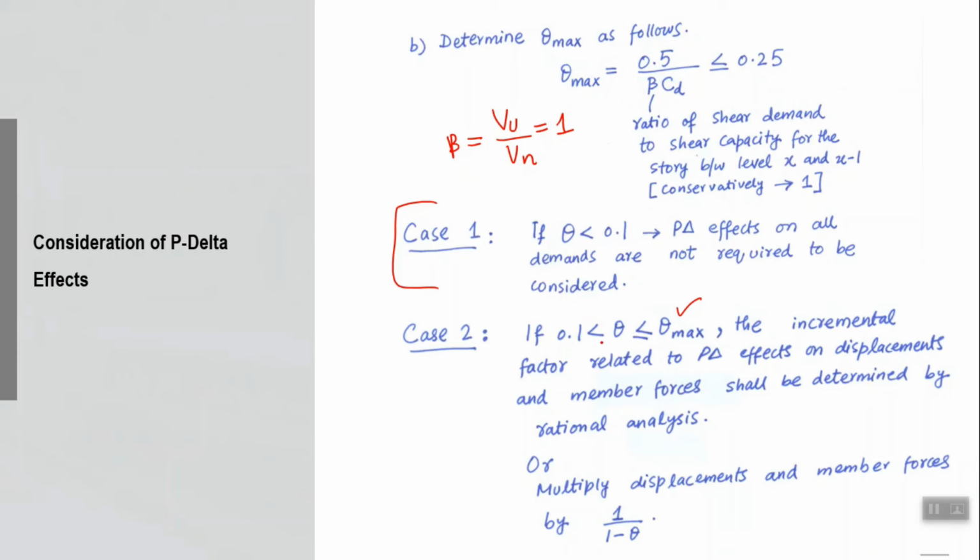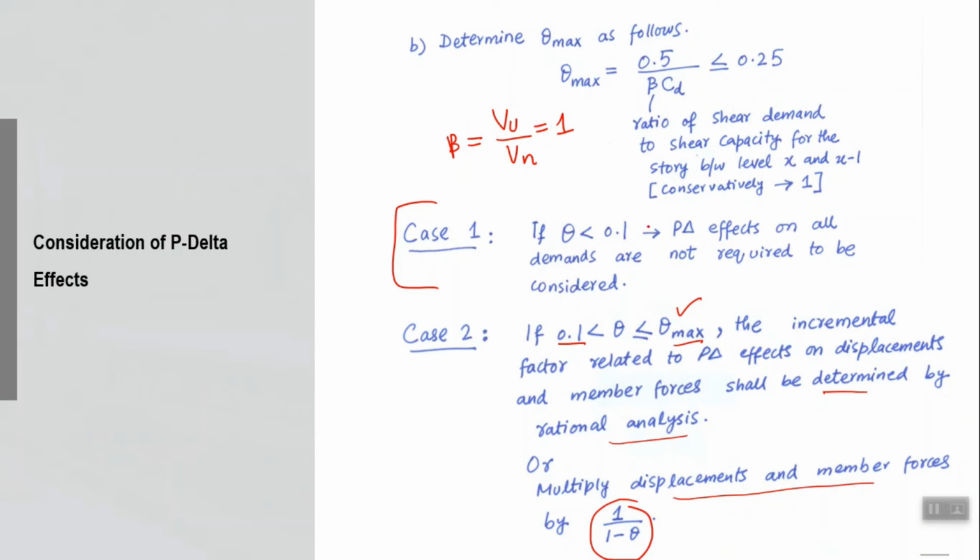Now if the actual theta of your stories is between 0.1 and theta max, right, lower limit 0.1 and upper limit theta max, the incremental factor related to P delta effect on displacement and member forces shall be determined by rational analysis, or you multiply displacement and member forces by just 1 over 1 minus theta, right?